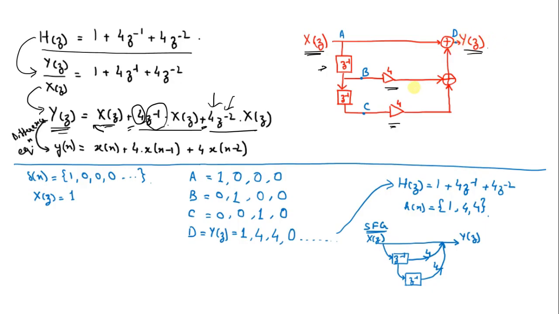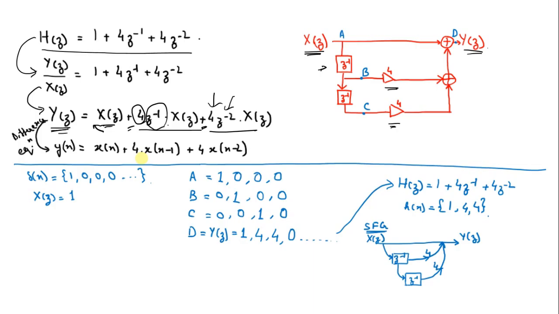Okay. Now let us see whether our realization is correct or incorrect. When I talked about this impulse response, I told you the input would be the impulse input.